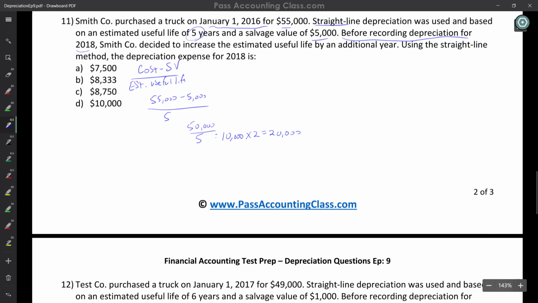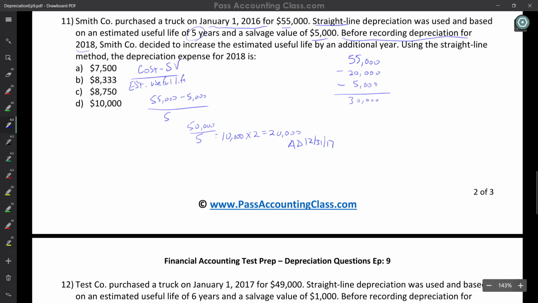And that is our accumulated depreciation as of 12/31/17. Next, what I'm going to do is I'm going to take the cost, that's the 55,000. I'm going to reduce it by the accumulated depreciation, that's the 20,000. And then I'm going to reduce it by the salvage value, and that's 5,000. When I do the math here, I end up with 30,000.